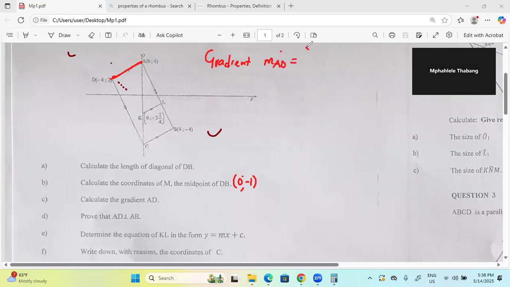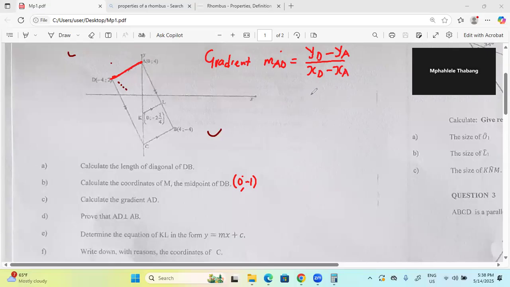So you're going to say y at D minus y at A over x at D minus x at A. Even if you had said y at A minus y at D over x at A minus x at D, you'll still get the same answer.